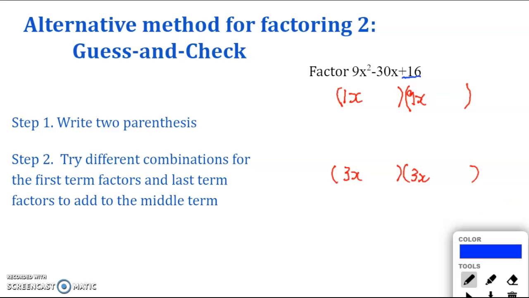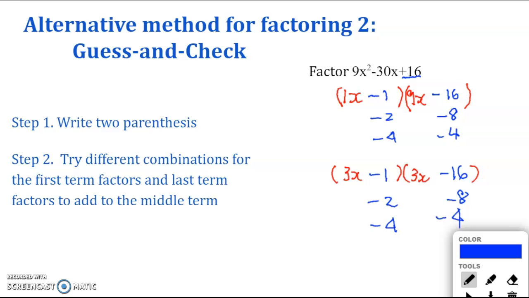The last term is 16. 16 can be broken up as 1 and 16, 2 and 8, or 4 and 4, and the same thing in this case, 1 and 16, 2 and 8, or 4 and 4. And these are all 6 different combinations just for this problem. I do know that the sum has to be negative, so for each one of them, it has to be negative, negative. Those are the only combinations.